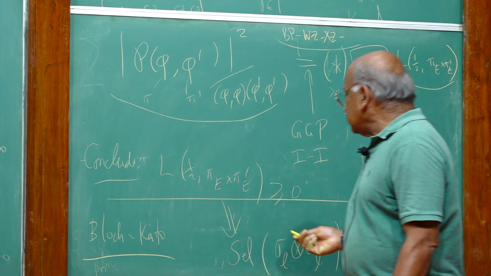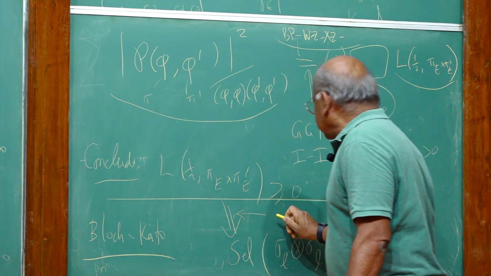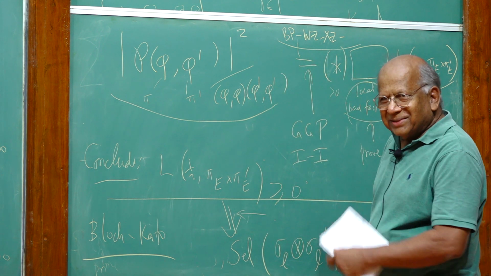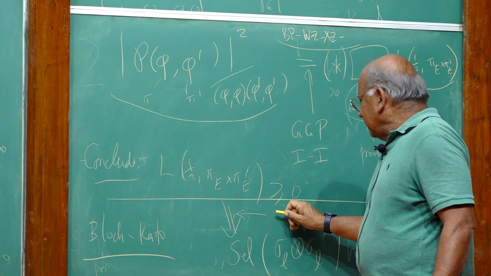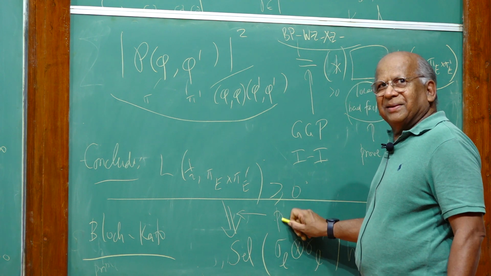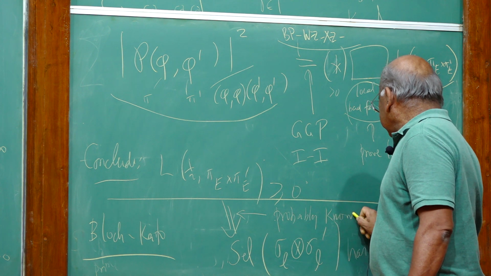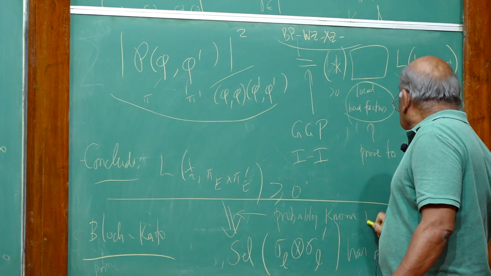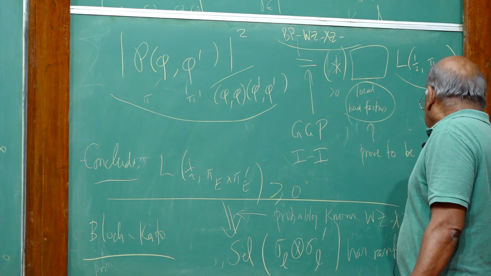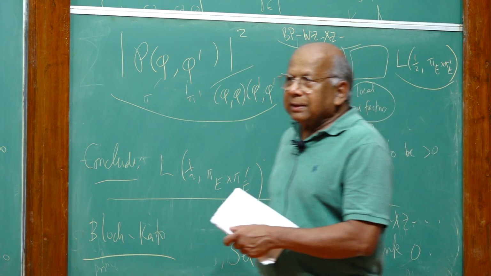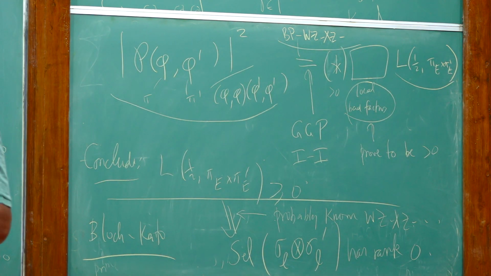And this actually is also essentially known, I should say, probably known by various works of Wei Zhang and Xinmin Zhu and so on. They told me they did it for forms on U3 which give rise to cohomological forms with trivial coefficients, but some of their students are doing it for non-trivial coefficients.